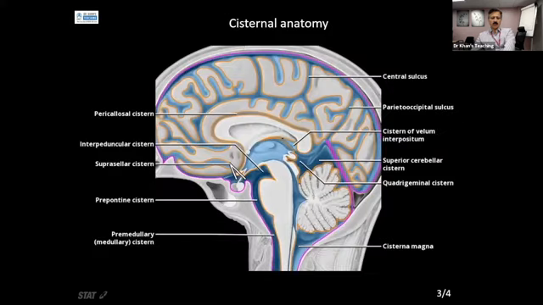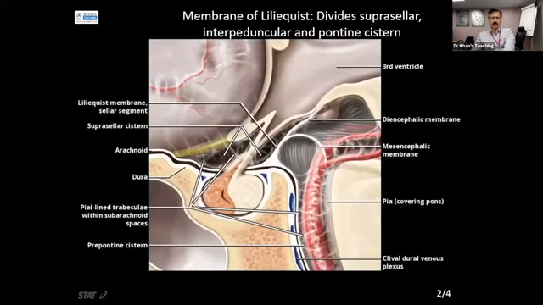This is a bit of a repetition, but there is a concept of arachnoid, you don't have to know it, but this is just for your knowledge. You don't have to remember it for your exam.